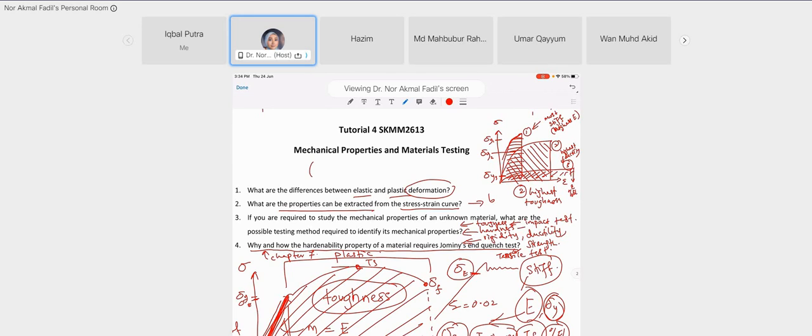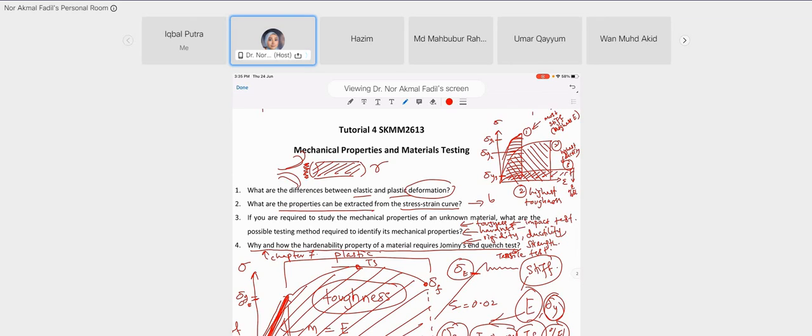We have a specimen. We heat it up to the austenite phase, and then we cool it down at one end by injecting water.